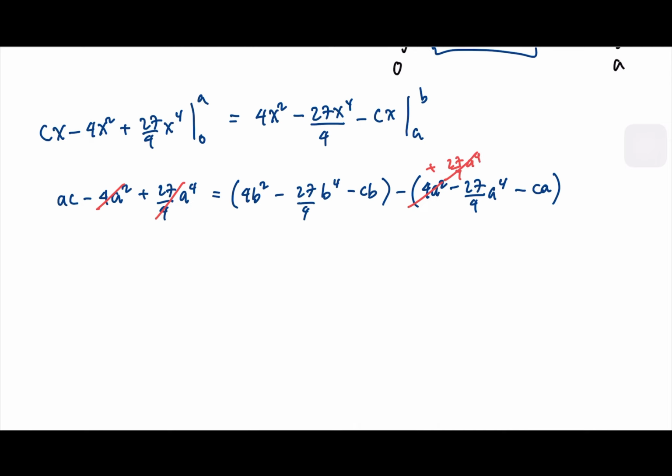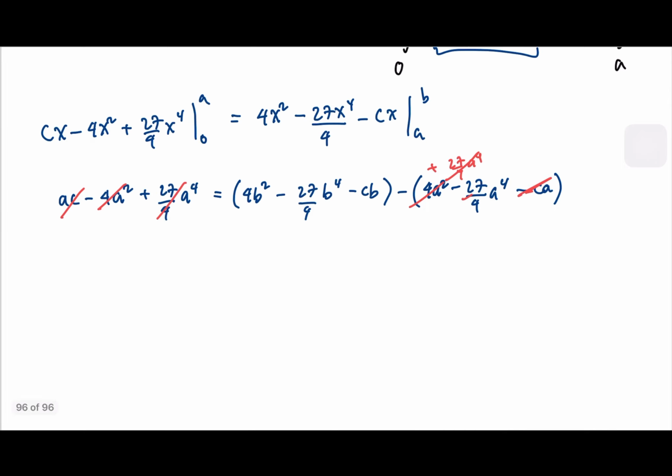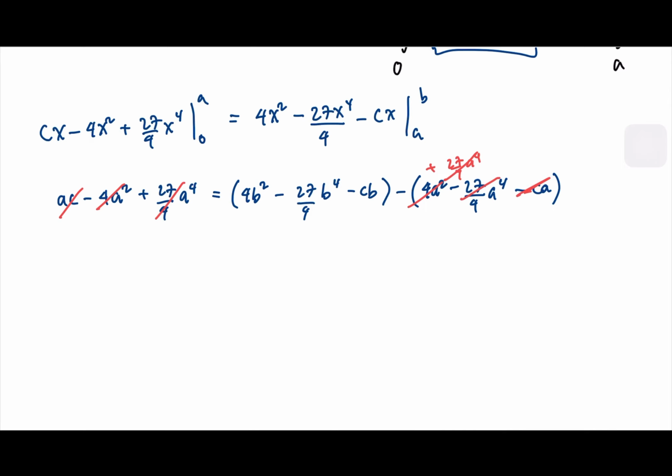AC plus AC is cancelled also. So all the terms on the right are cancelled. So we have 4b squared minus 27 over 4 b with power 4 minus bc is 0.